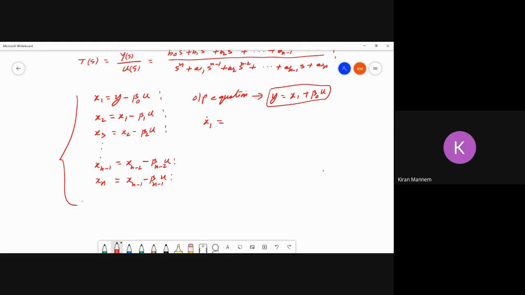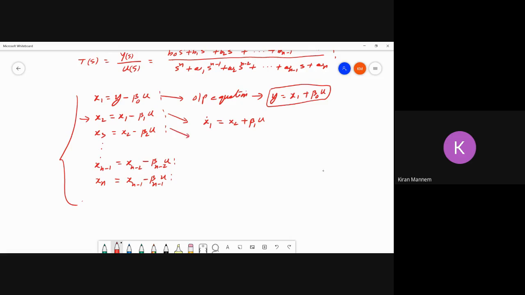You take the differentiation of this one. First I got the output equation from this, and I'll get the x dot 1 from this equation. So it would be x2 plus beta 1 into u.